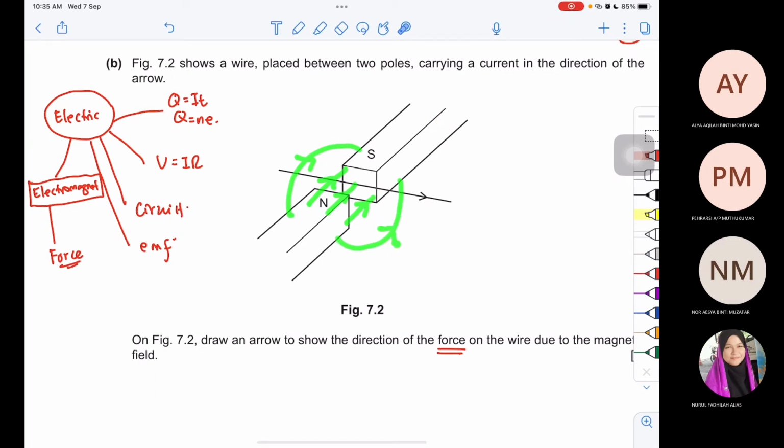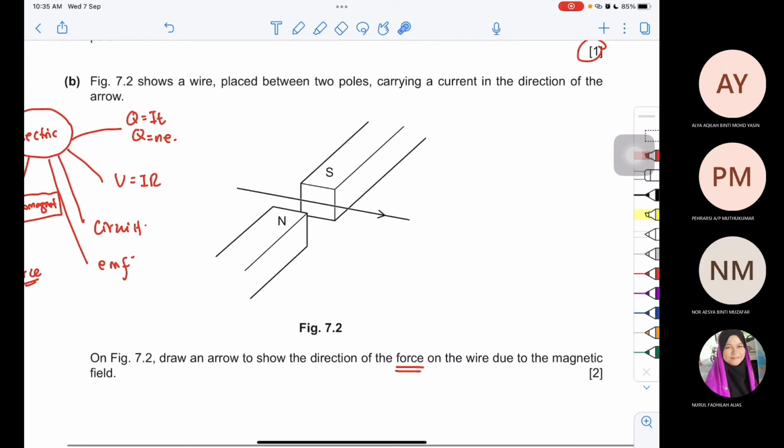Now, the conductor, this is a wire. So the wire is carrying a current. Wire carries a current. It means now, in this conductor, current is flowing.